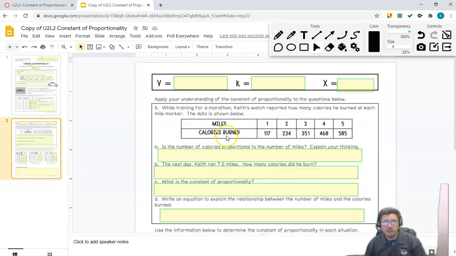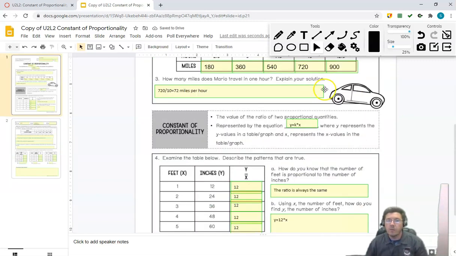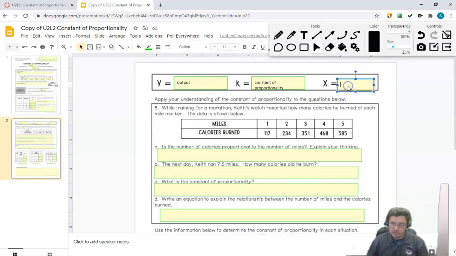Now we go on to page 2 here. So y is our output. k is our constant of proportionality, and our x are our inputs.